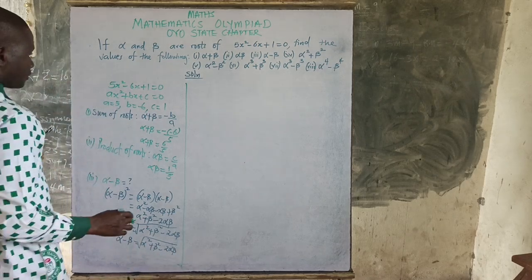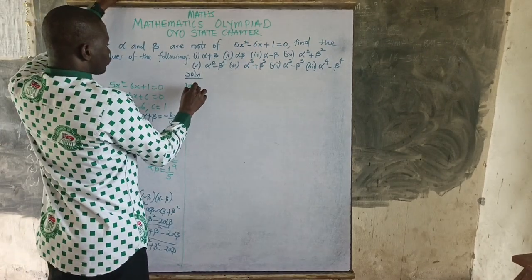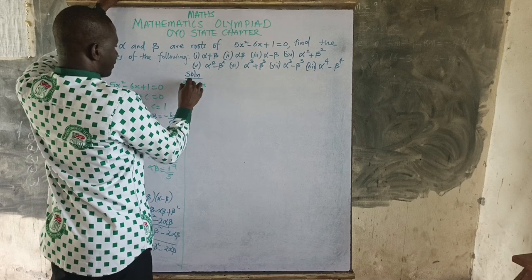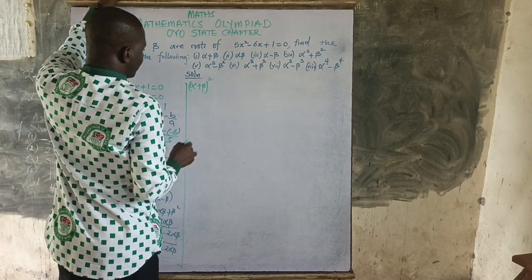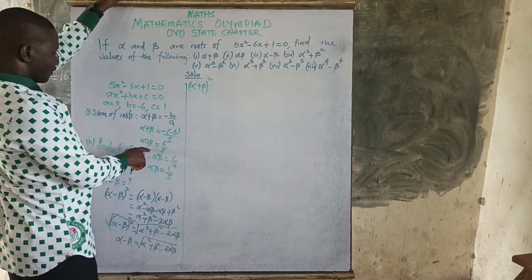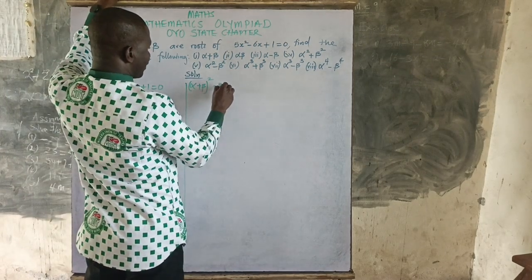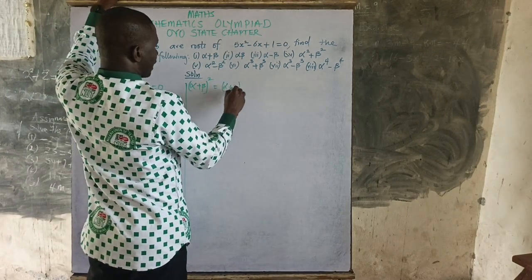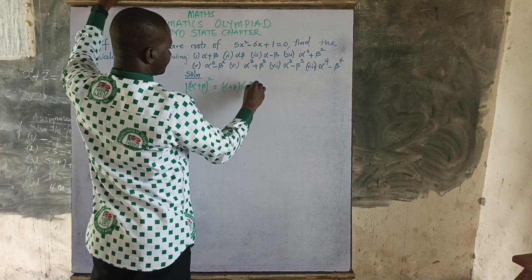To get alpha squared plus beta squared, we can evaluate alpha plus beta squared, which equals alpha plus beta multiplied by alpha plus beta.